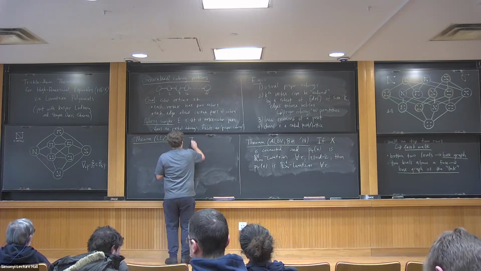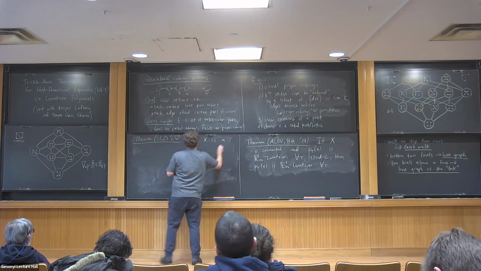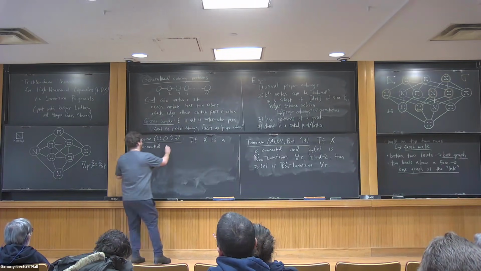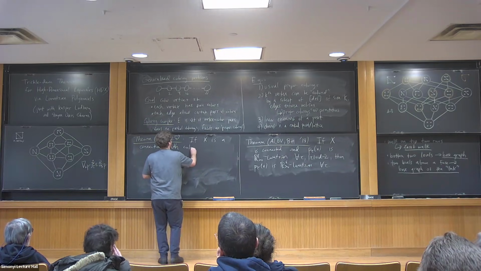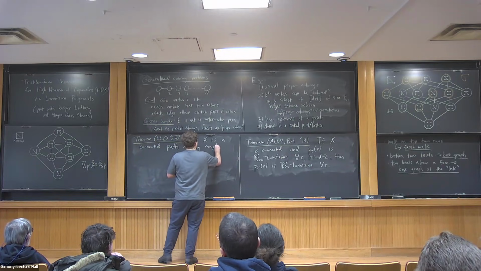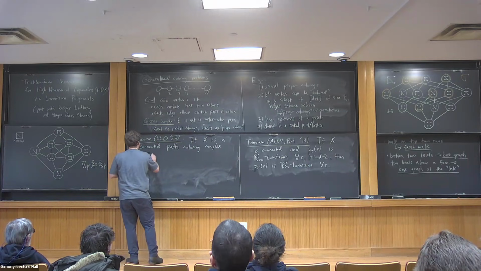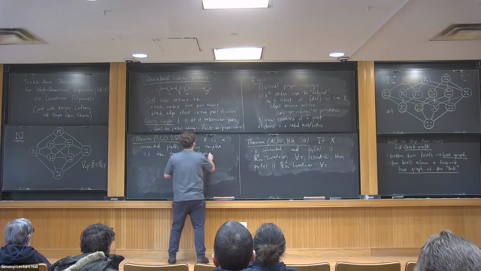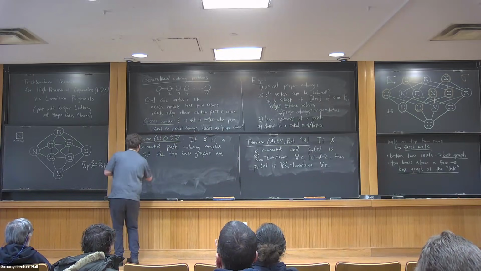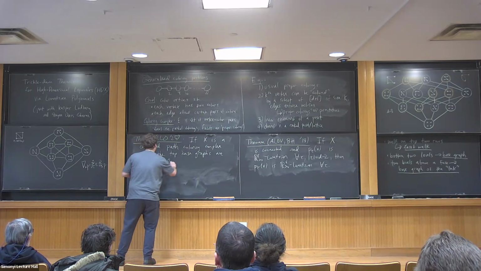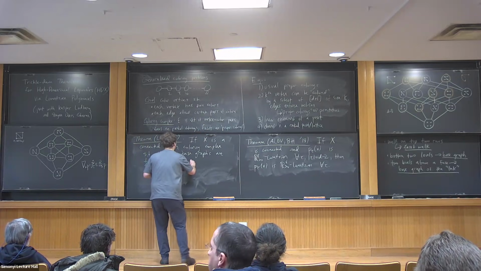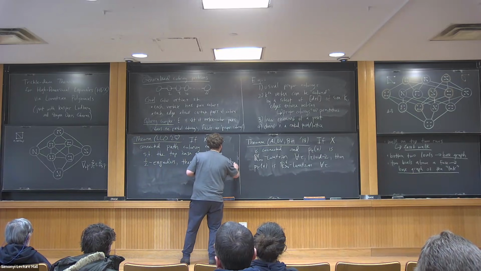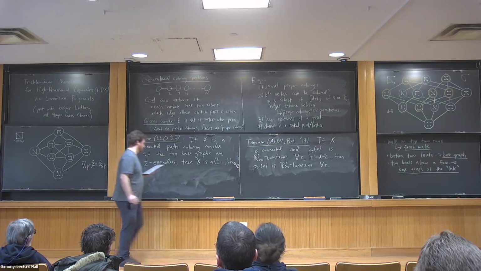It says the following: if X is a connected path coloring complex, so just looking at the path, such that the top base graphs are all 1/2 expanders, then X is a 1/2 expander.